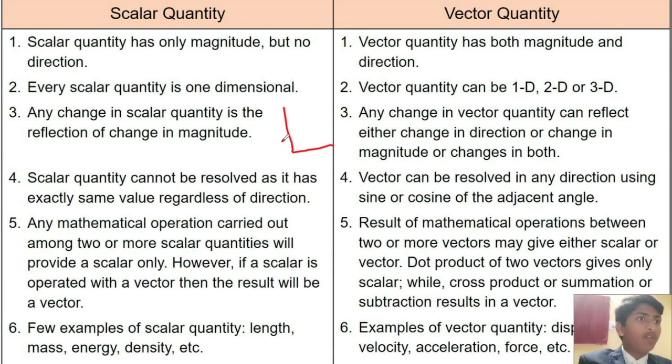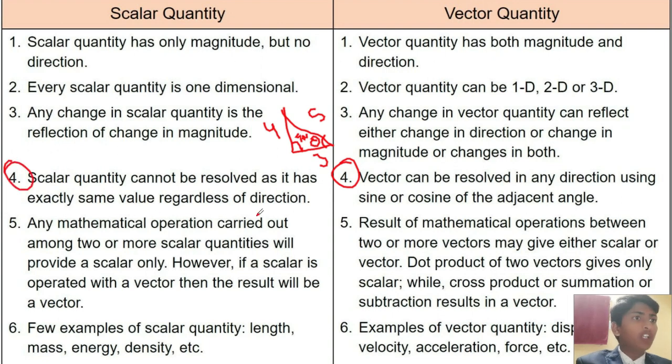Here, if a boy went 4 kilometers here and 3 kilometers here, then this was 5 kilometers. Here it's 90 degrees. We use trigonometric ratios. About this fourth point, I'll be telling in the next video.